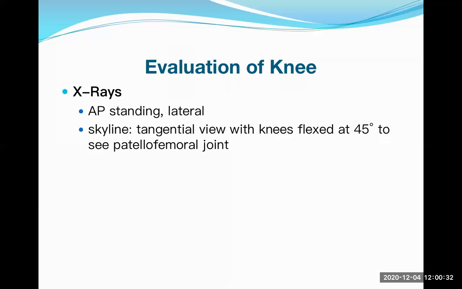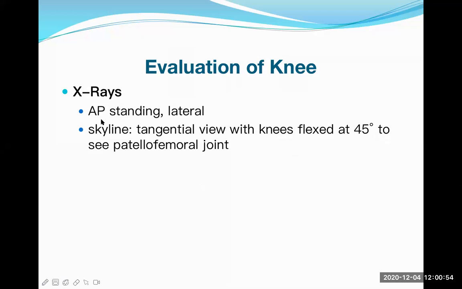Now, how to evaluate the knee from investigation point of view? We take X-ray, we take CT scan, or even MRI. MRI is also very commonly used to diagnose the ligament injury. Okay, MRI is the best for the diagnosis of ligament injury. X-ray and CT scans are good to know bony injury.